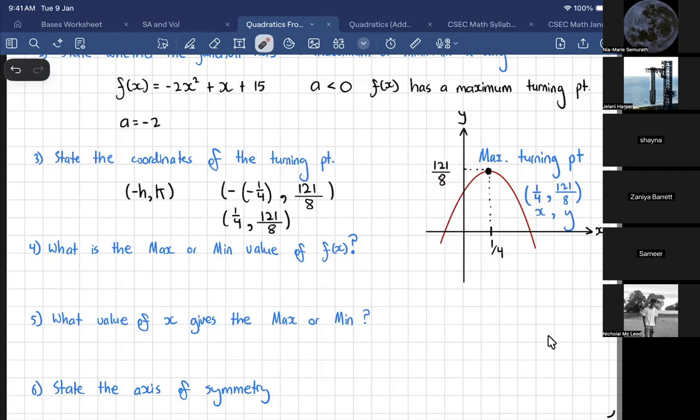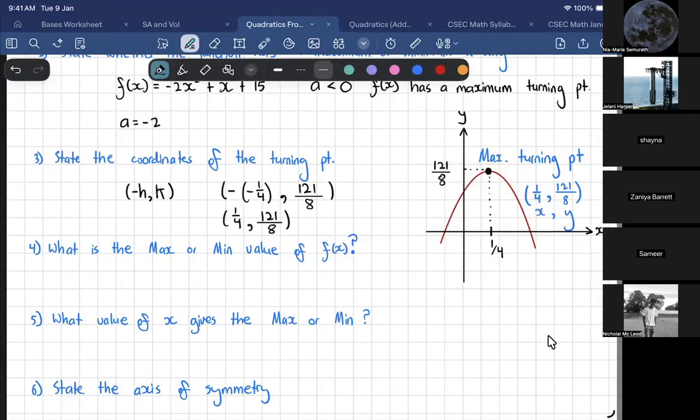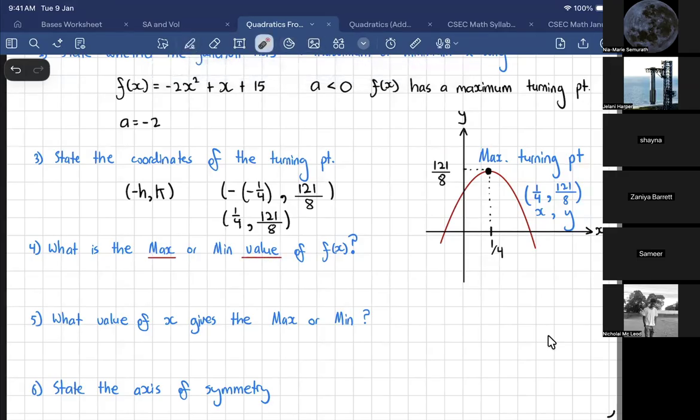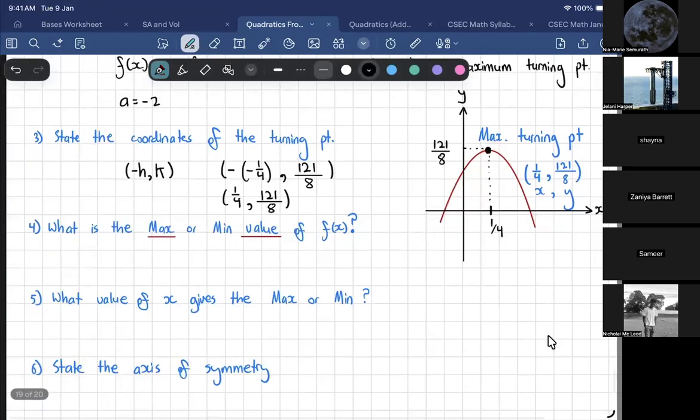All right, so for number 4, could everybody agree that our function is going to have a maximum value, not a minimum value? Do we agree? Yes, sir. And could everybody visually see that my graph is going up to 121/8 as the maximum value you could reach? Yes, sir.